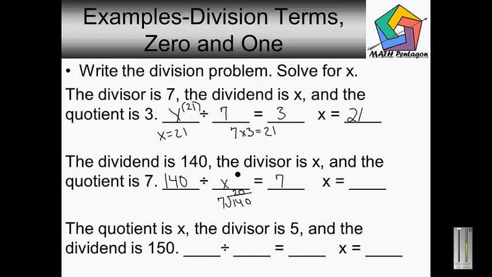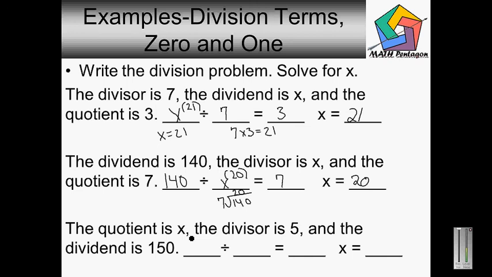So the x would now be substituted for 20. So 140 divided by 20 is equal to 7. So the x is equal to 20 because it checks out. So x is equal to 20.